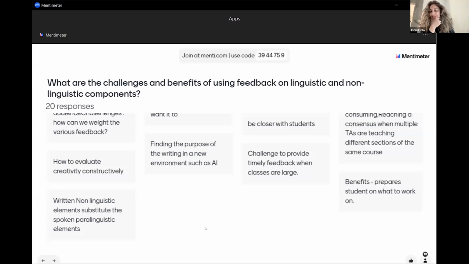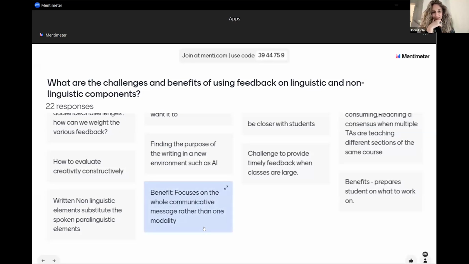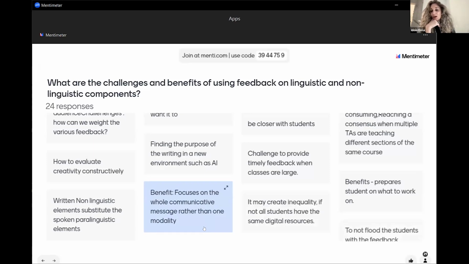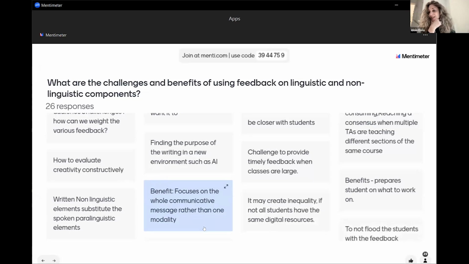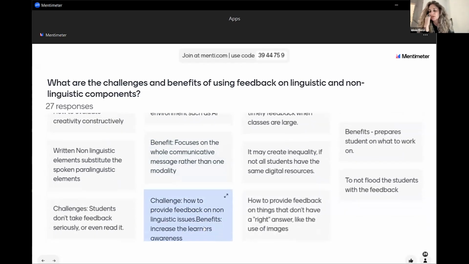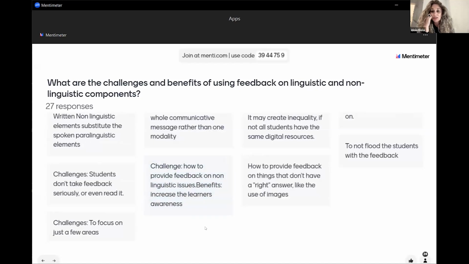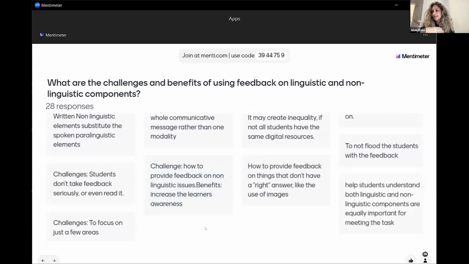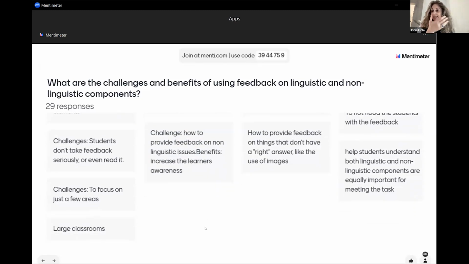I'm sure many of us have seen that, providing feedback, and then I still remember one student putting it in their backpack without looking at it. Focus on the whole communicative message rather than one modality, and this is what the target is. That's the goal of using this, which is something that they're using a lot in their personal lives. But how can we make them experts to be able to use that more professionally in a second language?